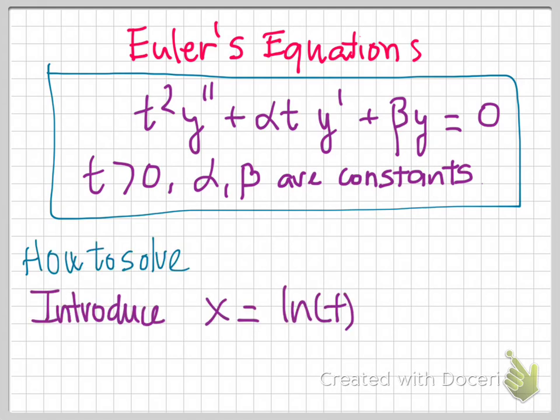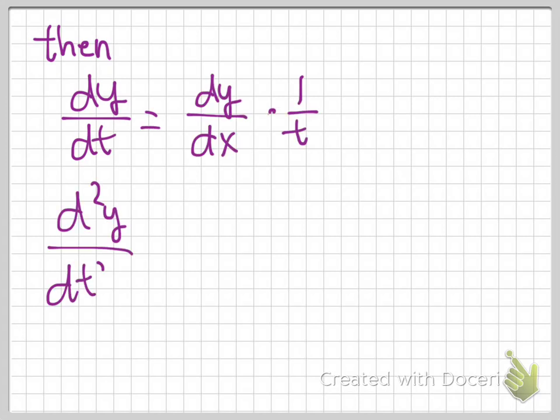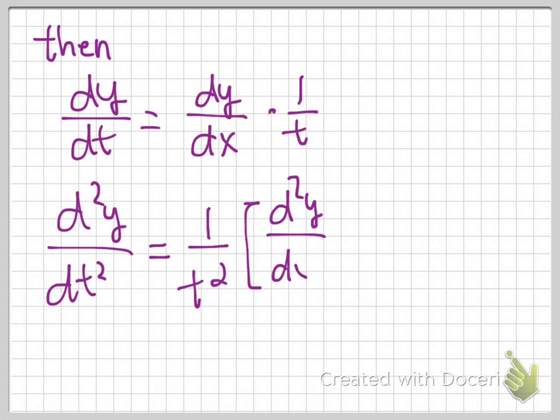First, we introduce a new variable x equals natural log of t. As I say, you're changing the independent variable from t to x. Once you have x equals natural log of t, you can find the relation between the derivatives of y with respect to t and with respect to x.